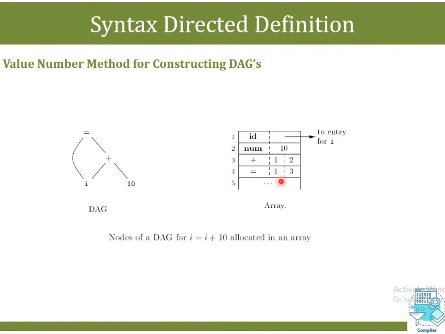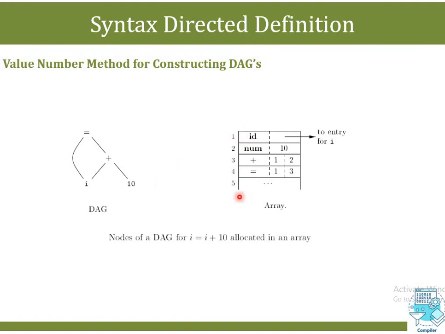Okay, and there is something called value number method. So whenever we consider the directed acyclic graph, every node's reference we can place in an array, and whenever we need any node, you can refer to it by means of the array. Now in this case, if you want to refer to the node id, we will be referring to the node with value number 1.